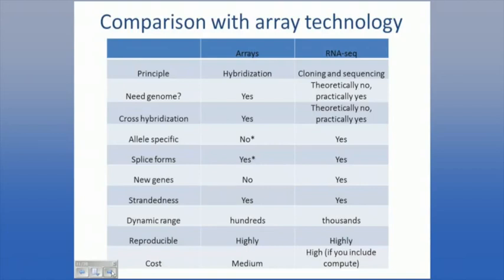Likewise, both technologies are highly reproducible, and I'll give a slide in a minute that will demonstrate reproducibility of both technologies. And cost-wise, to generate the data, they're approximately the same depending on how you generate the data. But with RNA sequencing, there are added computational costs which are not insignificant and in fact make up the larger challenge in analyzing the data.